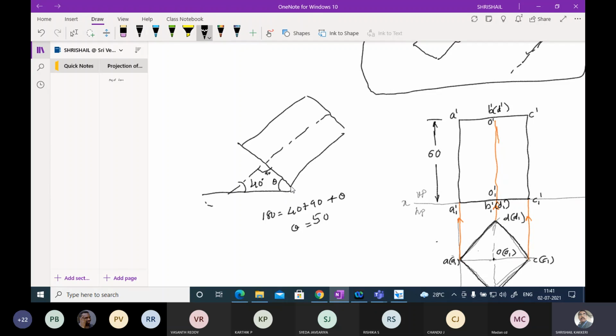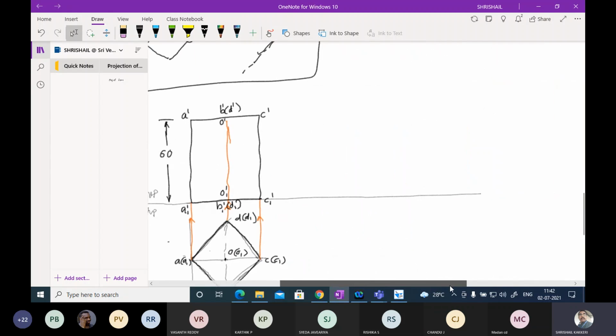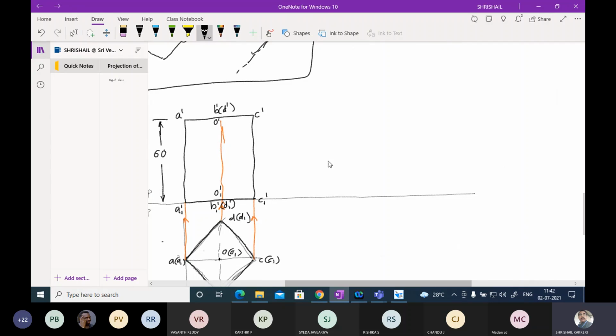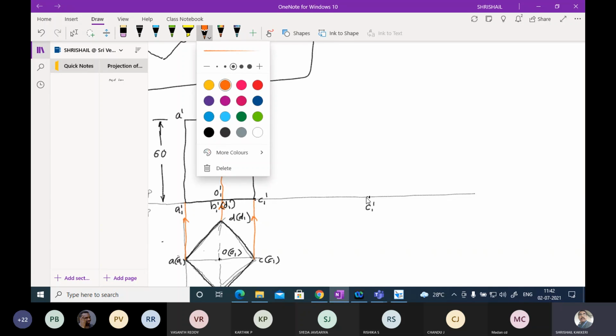Why? I'll show you. Because I have to locate the corner. I wanted to use this 50 degree, but I'll be writing the axis only. It will be easier for you, or if you want, you can use your convenient method also. What I'm doing is, take this point C here, carefully please look. C1 dash I'm taking here, and measure this length. Now already I know this angle is 50 degree.